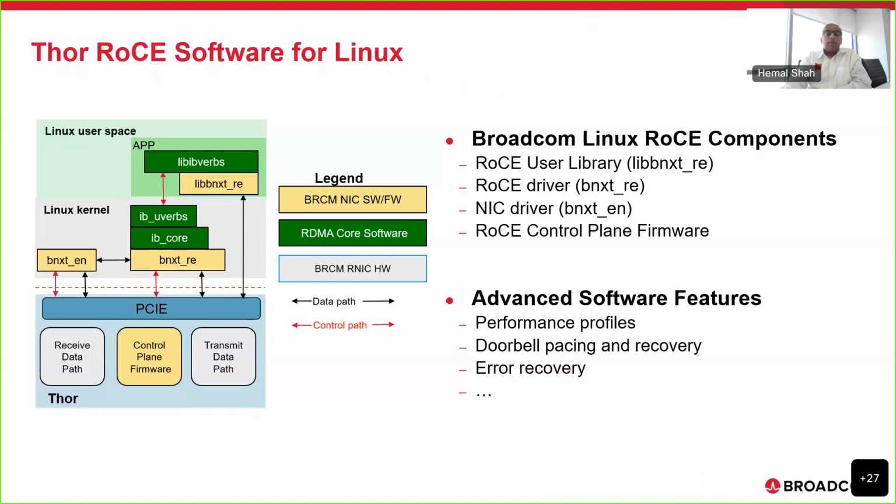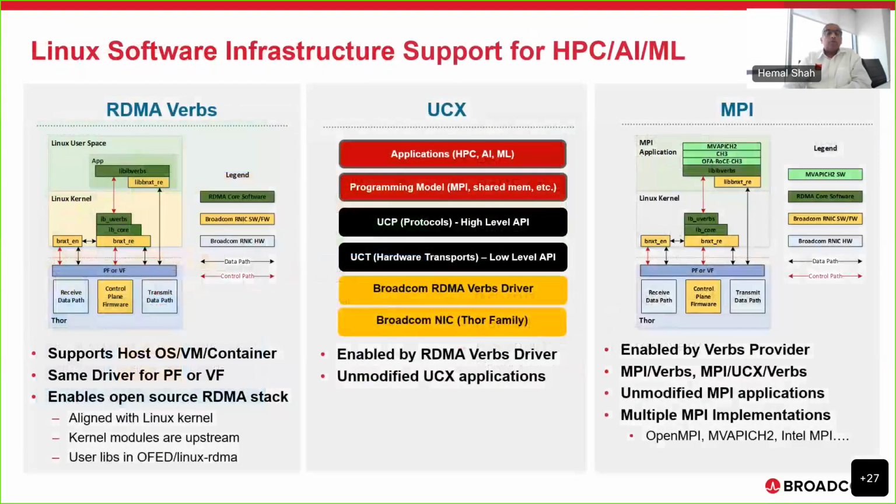Now I'll get into the HPC AI machine learning. What you see in here is as you move from left hand to right hand, you are moving up higher in the software stack. So the first one, as I mentioned, that's your core. It is aligned with Linux kernel. Modules are upstream.